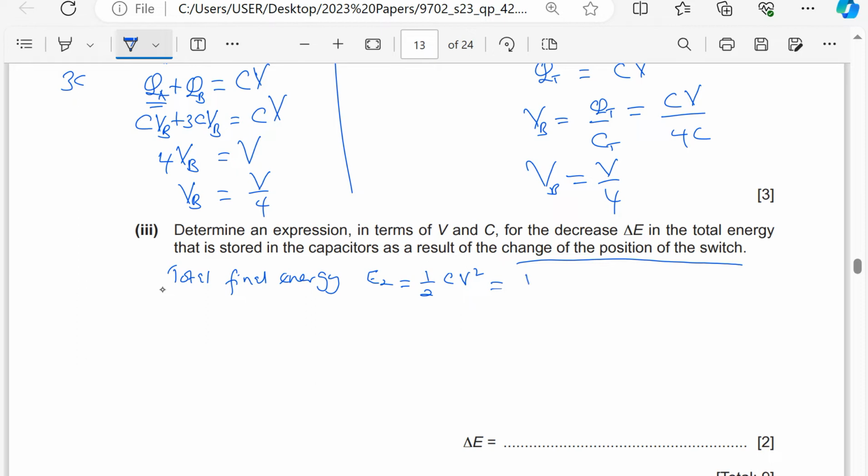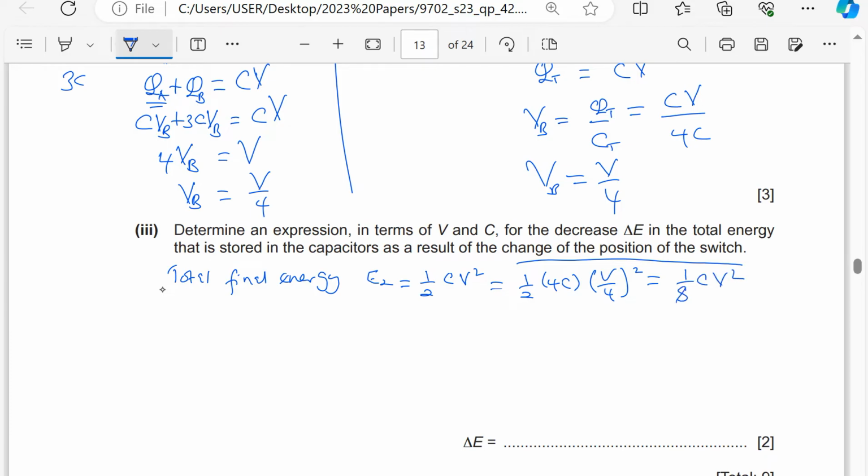Because they're in parallel, total capacitance is 4C. Then the PD when they're in parallel is V divided by 4, squared, which is V squared over 16. So this gives us 1 over 8 times CV squared.